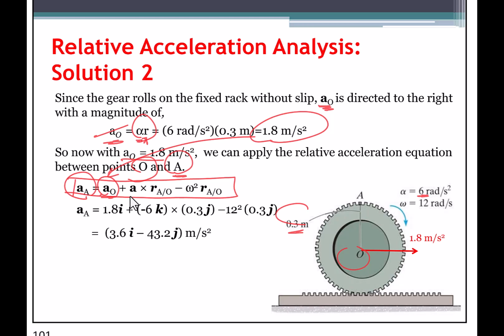And we have alpha crossed with the position, and we have the acceleration of point O that was given, and R, this is 0.3 because the radius is 0.3, and the minus term is 12 squared because they gave me the angular velocity omega, and R again 0.3. So this is my acceleration of point A.